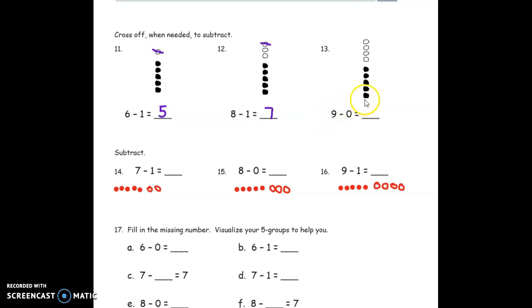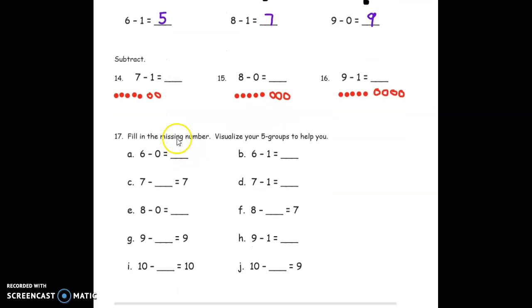Number 13. 9 subtract 0. 5, 6, 7, 8, 9. How many do we take away? 0. That leaves us with the same number. Let's go down to number 14.